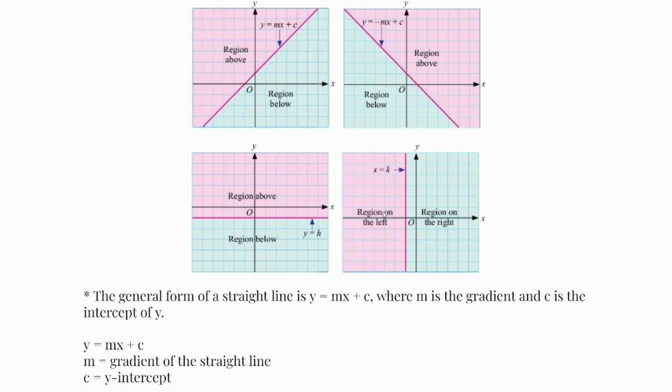Same thing goes for the x-axis, the equation x equals k. Because this isn't a y-axis equation, it will turn into left and right, because x is a horizontal axis, it's not a vertical axis. So for x equals k, the region on the left will be everything to the left of the line, and the region on the right will be everything to the right of that equation line.